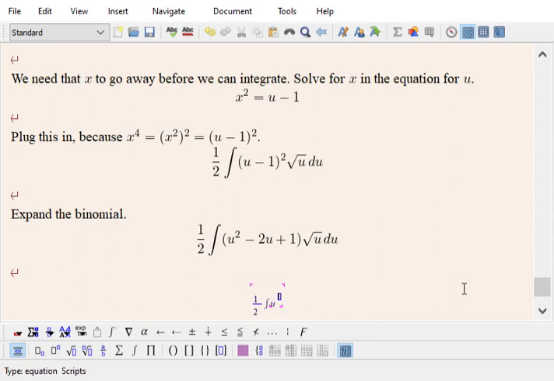So u squared times square root of u becomes u to the power of 2 plus 1/2. 2 plus 1/2 is 5/2. This is u to the power 1. 1 plus 1/2 is 3/2. And then square root of u times 1, well, that's just u to the 1/2. There's no change there.